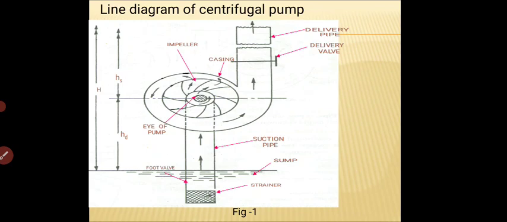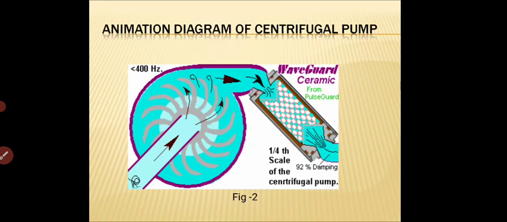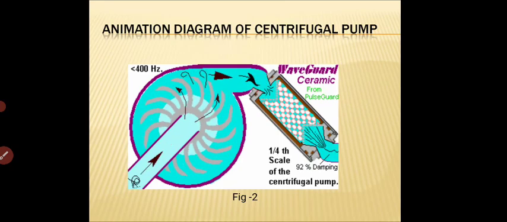During rotation, as the liquid is thrown outwards, the low pressure at the center of rotation causes suction of liquid. Observe this animation diagram. Therefore, a continuous supply of liquid at center ensures a constant supply of liquid at a higher level.